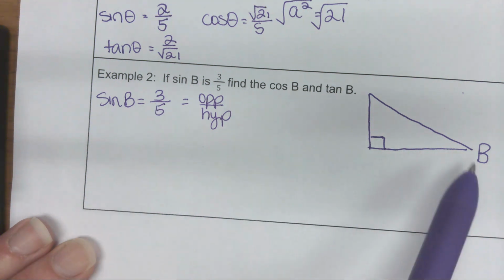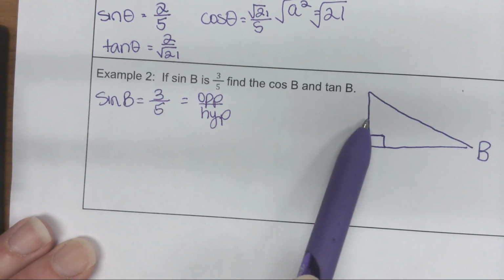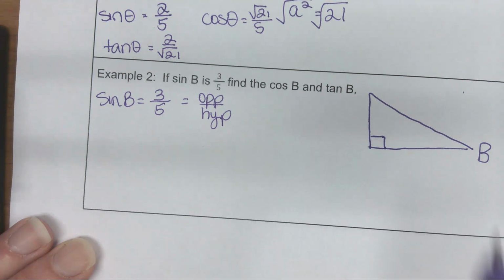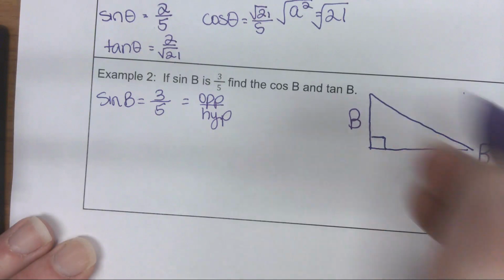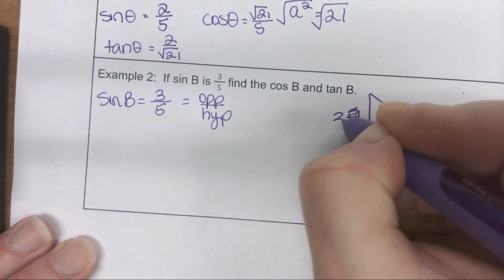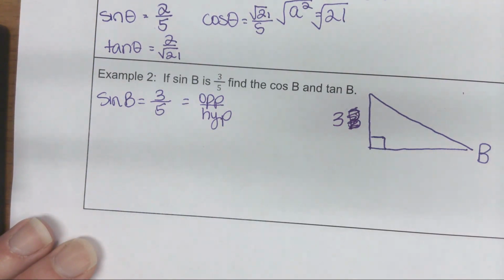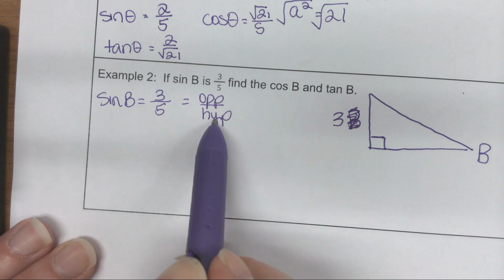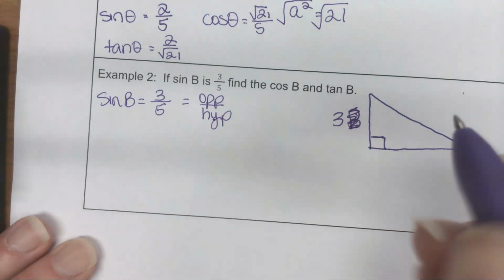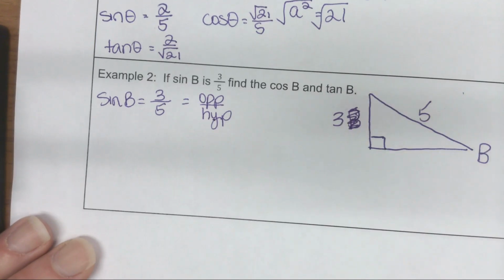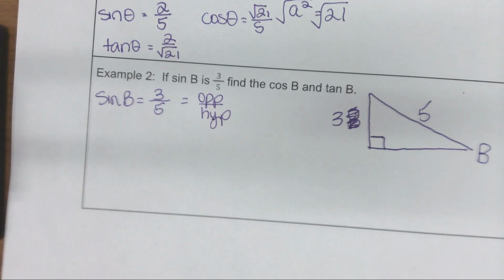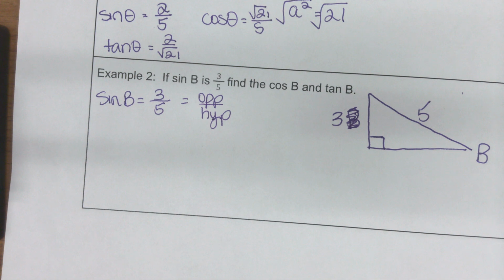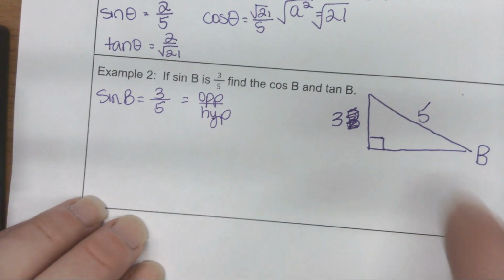So here's angle B. I look across to the other side, and the opposite would be a 3 over hypotenuse, so that 5 is going to become my hypotenuse. All right, what am I missing? I'm missing a leg. Would you find this leg, please? Use Pythagorean theorem and find it.